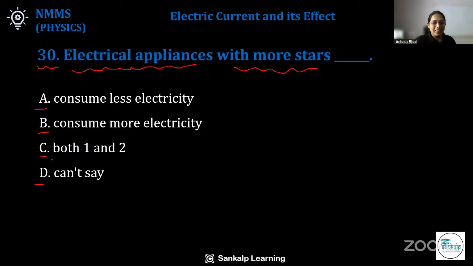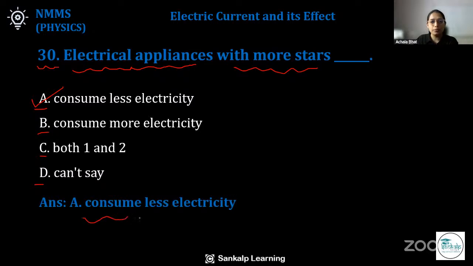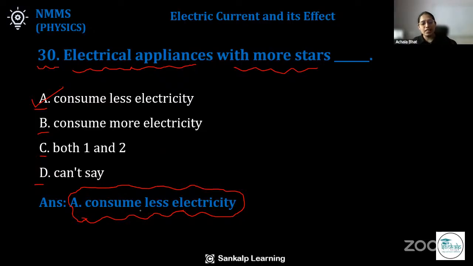Electrical appliances with more stars will consume less electricity. This is the correct one. B, consume more electricity, is wrong.